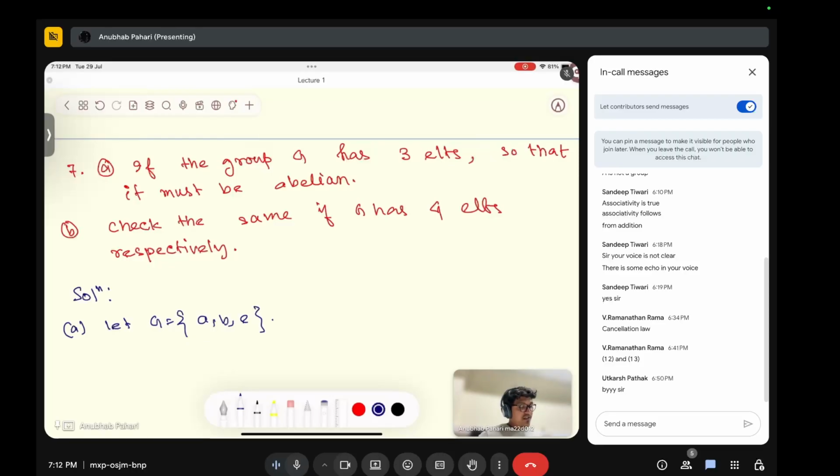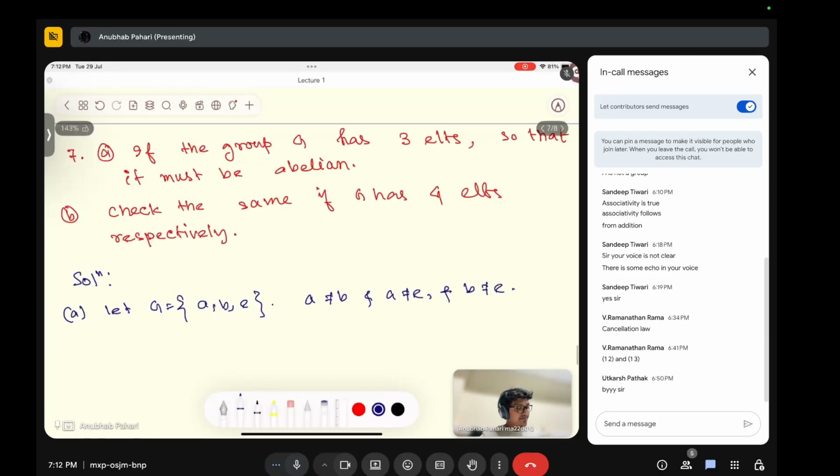So one thing is clear: A is not equal to B, and A is not equal to the identity and B is not equal to the identity, right? Because if this is the case, then it would contradict the fact that G has order 3.